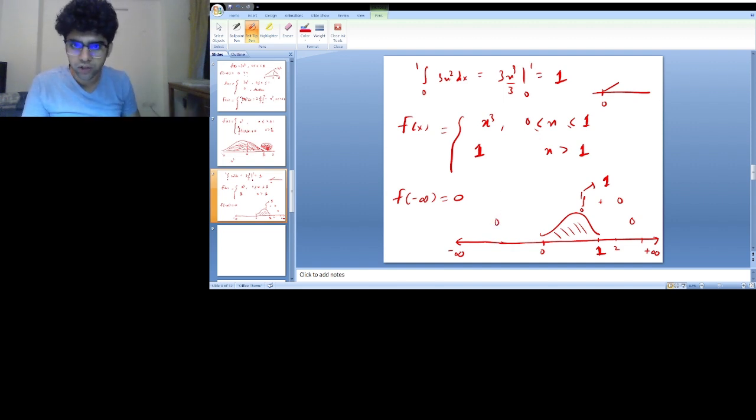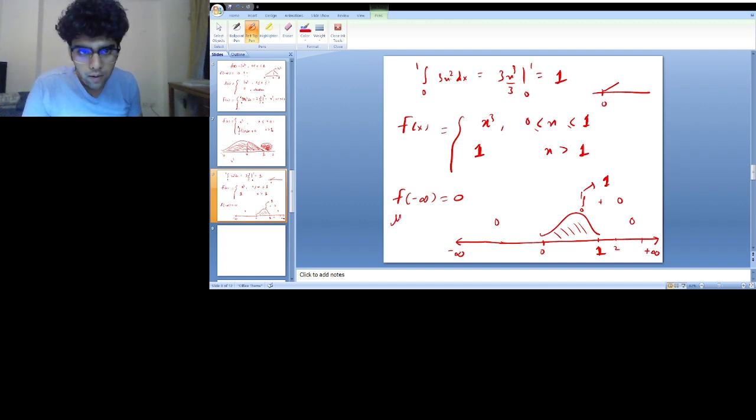I don't have any function present for any value of x smaller than 0, right? For x greater than 1, I already have a PDF present over 0 to 1, so I'll be including that. And for 1 to x, I don't have any PDF, so that will be 0, right?